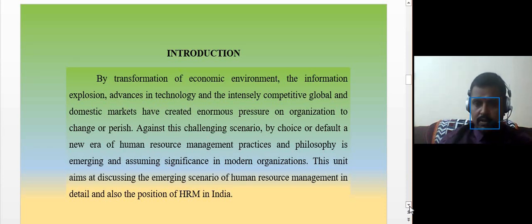So simply note it in your mind. Without human resource management, or the involvement of human resource management and its practices in an organization, the remaining resources are meaningless. So human resource management, or personnel management, is about the men resource, and without this men resource, the remaining are worthless.